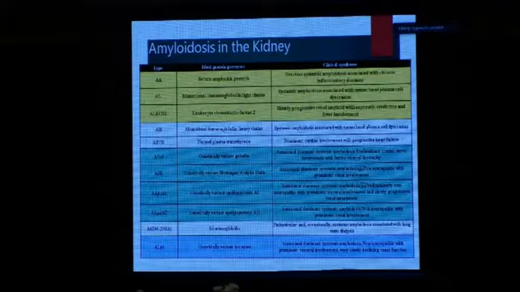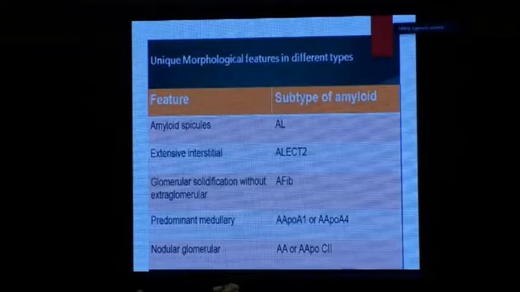When it comes to amyloidosis, kidneys are always the target, and these highlighted three are the commonest types of amyloidosis which can involve the kidney, and also the commonest three types prevalent within our population: serum amyloid A, AL, and ALECT2, as I'm going to show you.